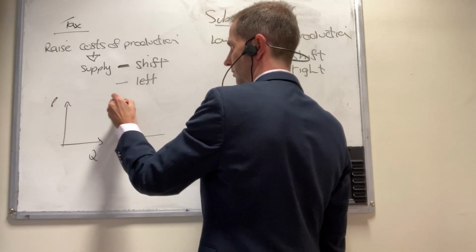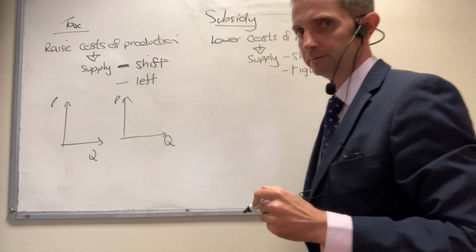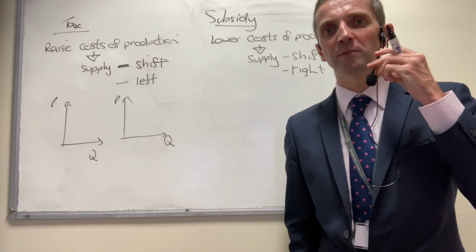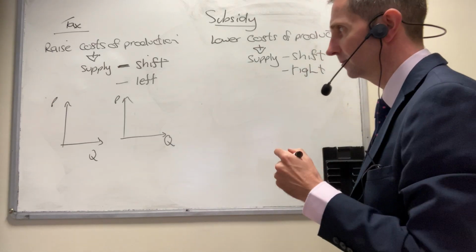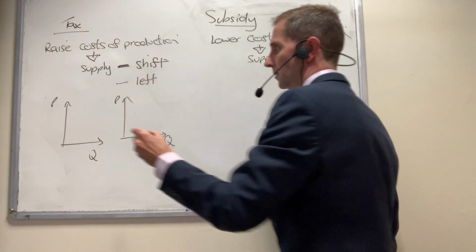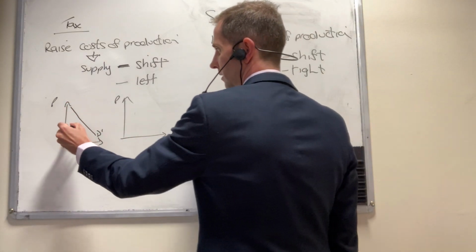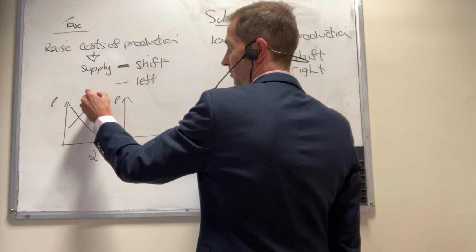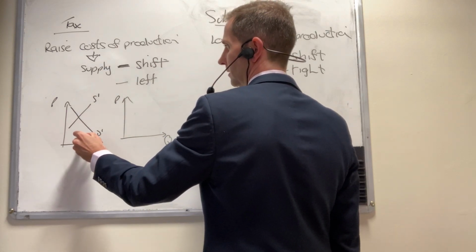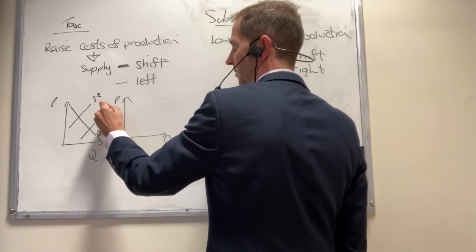P and Q, P and Q. So the one that you'll be familiar with from last year would be demand curve 1, supply curve 1, actually that's supply curve 2, and that's supply curve 1.